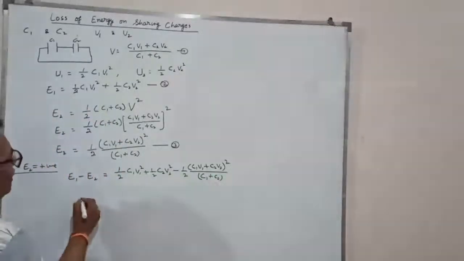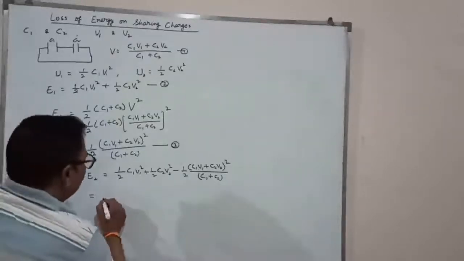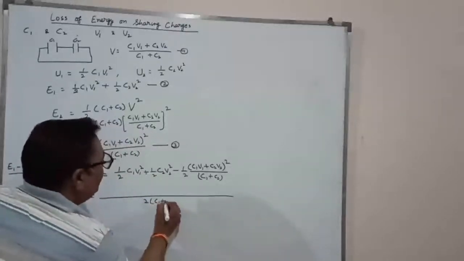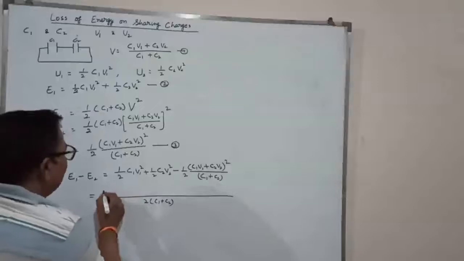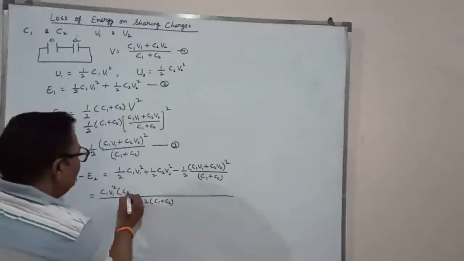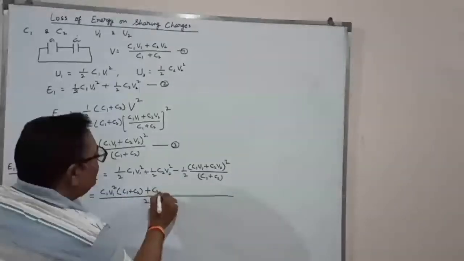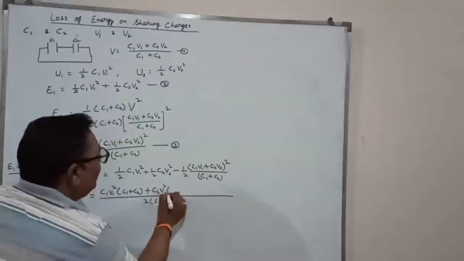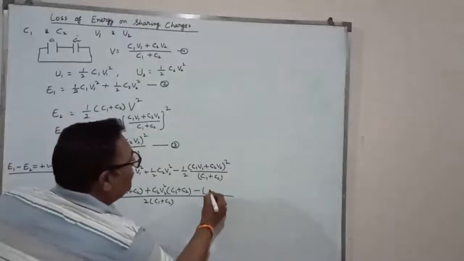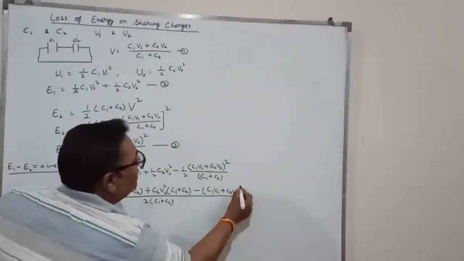Clear? Or, taking 2(C1 + C2) as common denominator, C1 V1 square (C1 + C2) plus C2 V2 square (C1 + C2) minus (C1 V1 + C2 V2) whole square.